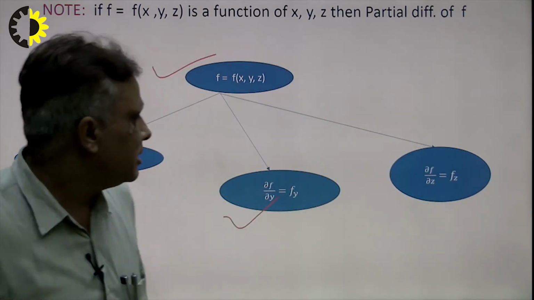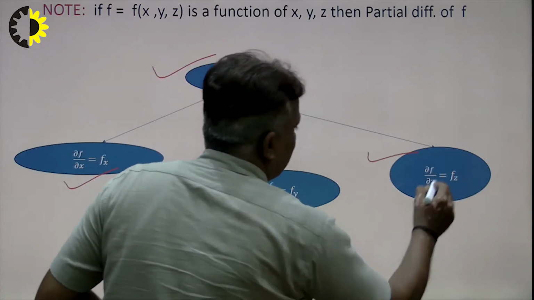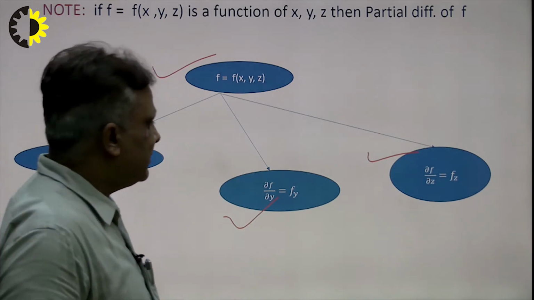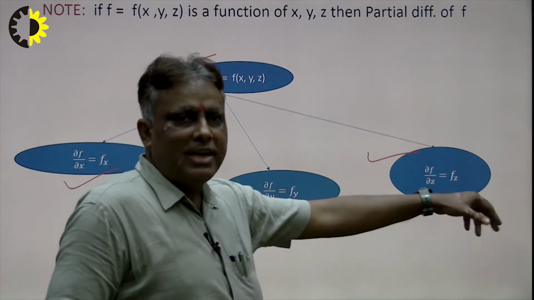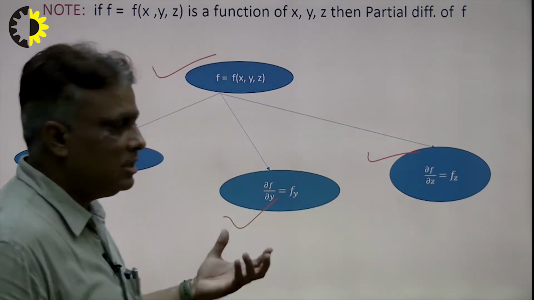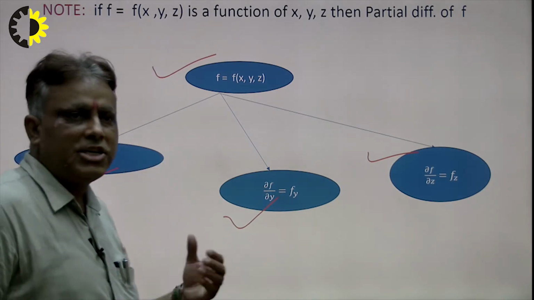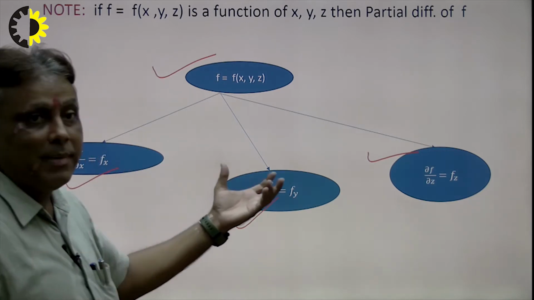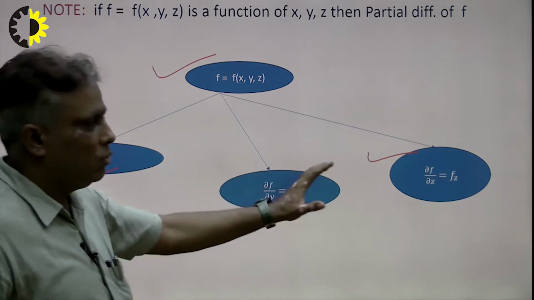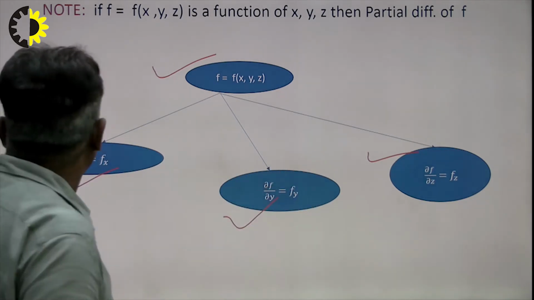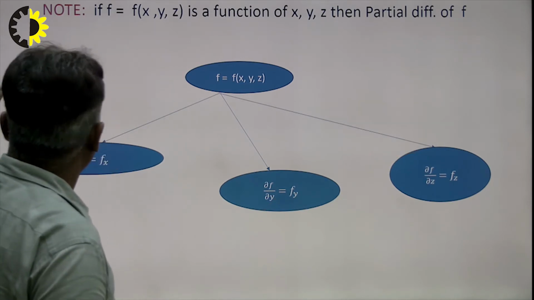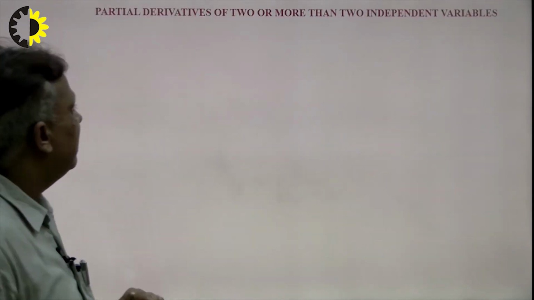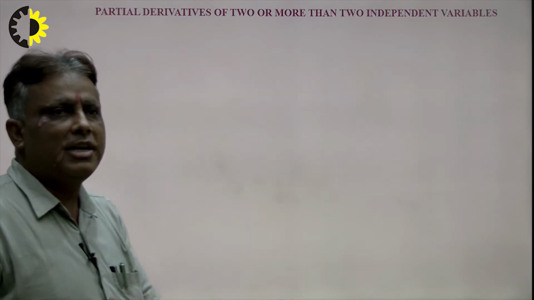In this way, suppose I want to calculate with respect to z, so differentiate partially with respect to z, and x and y are both constant here. So in this way we can find each and every derivative if the function contains more than one independent variable, and all these are known as first order partial derivatives. In this way we can calculate the second order partial derivative as well as the third order partial derivative.